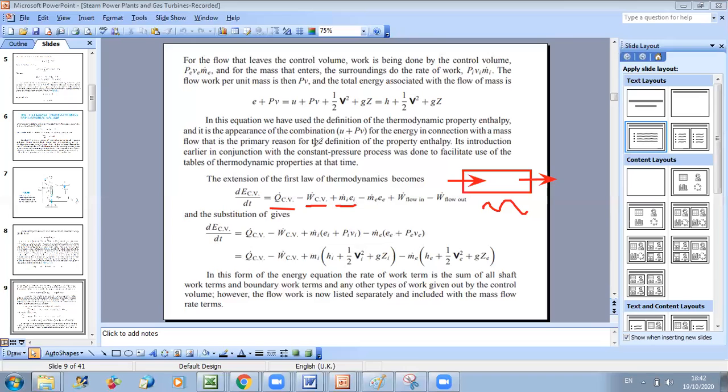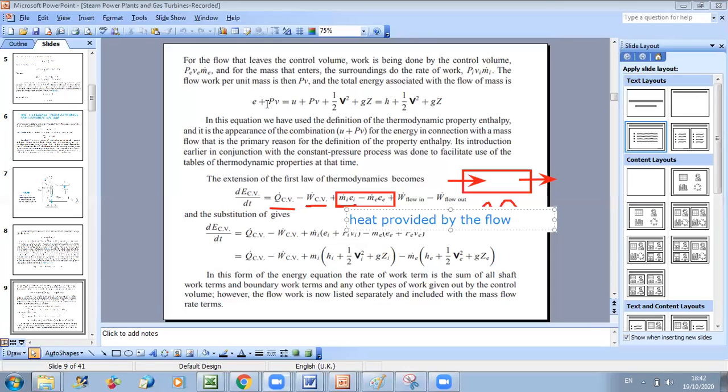So these two terms are mainly the heat provided by the flow. While this one, Q dot control volume, is the heat provided from outside of the control volume.